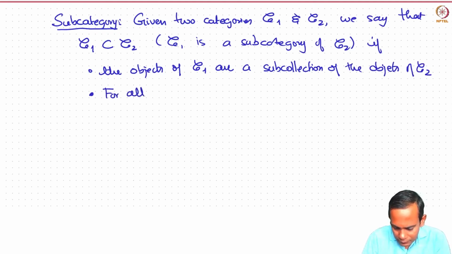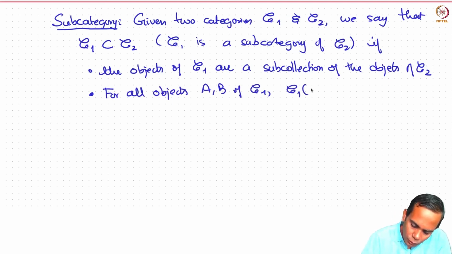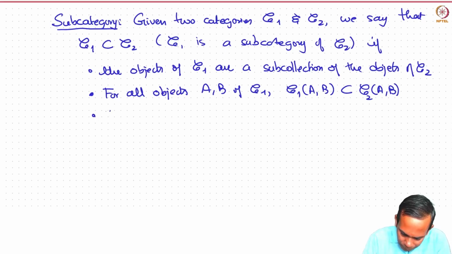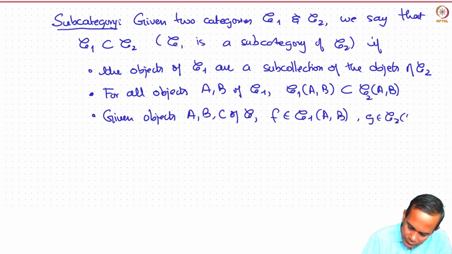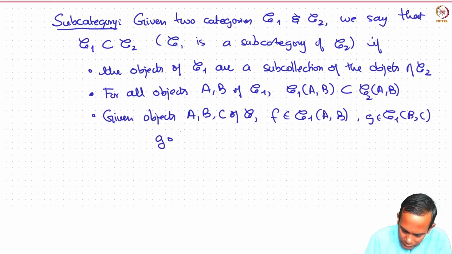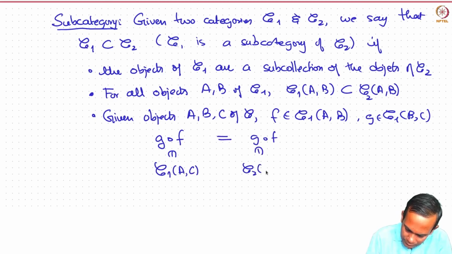Then for all objects A and B of C1, the arrows in C1 from A to B are a subcollection of the arrows in C2 from A to B. And the third property is that given objects A, B, C of C1 and morphisms F in C1(A,B), G in C1(B,C), we have G circle F, the composition in C1(A,C), must coincide with G circle F in C2(A,C).